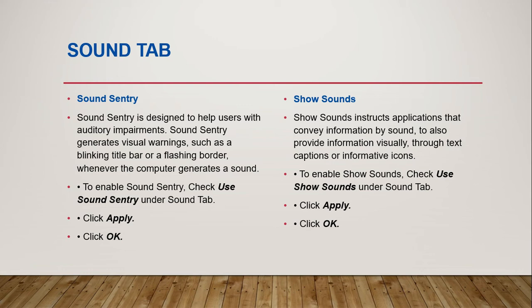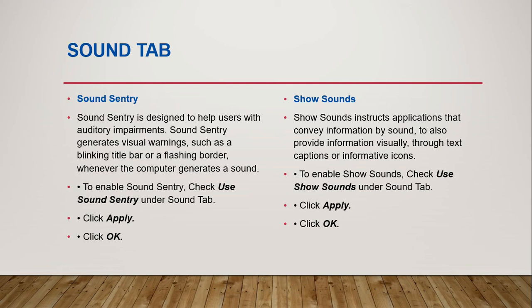Sound sentry generates visual warnings such as a blinking title bar or a flashing border whenever the computer generates a sound. Those who cannot hear, those who have hearing impairment, can use this sound sentry.